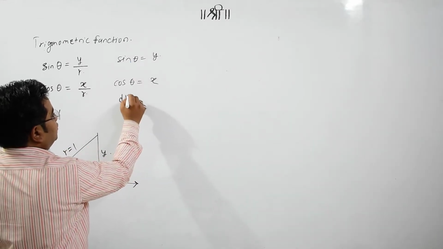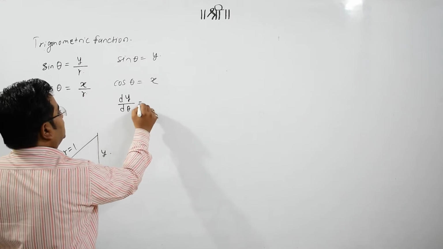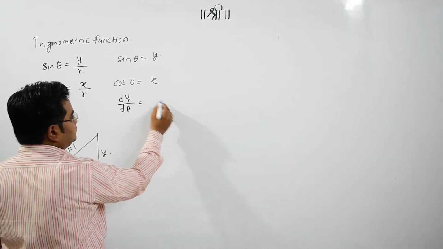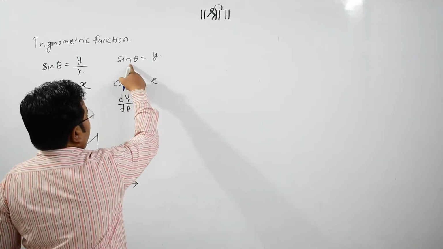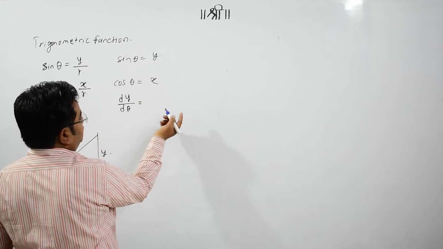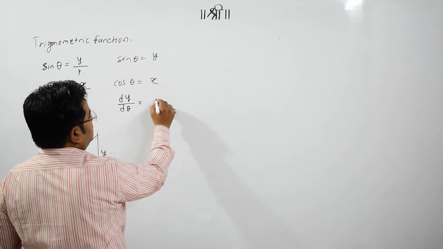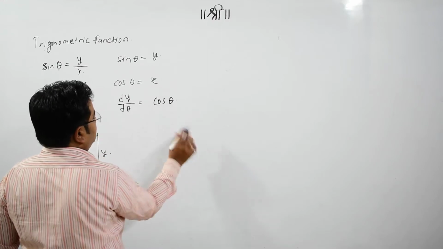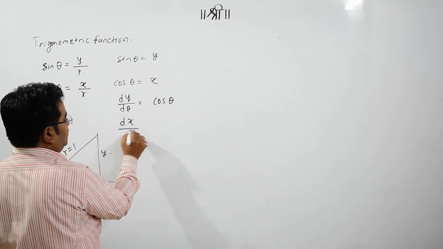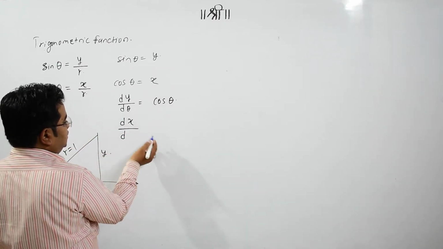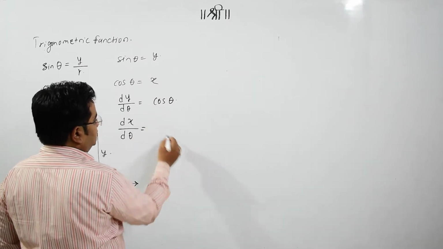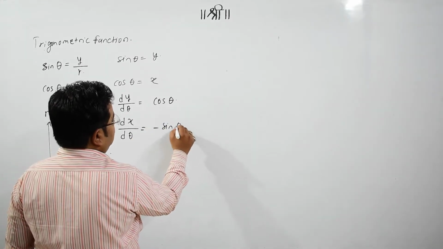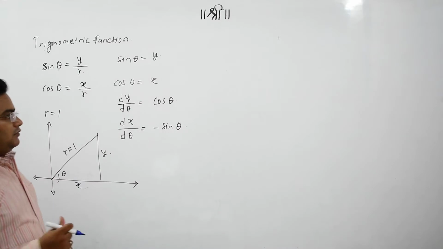So dy upon d theta is equal to, if I differentiate this whole quantity, you will get cos theta. And dx upon d theta is equal to what? Minus sin theta. That is for sure, everybody knows that.